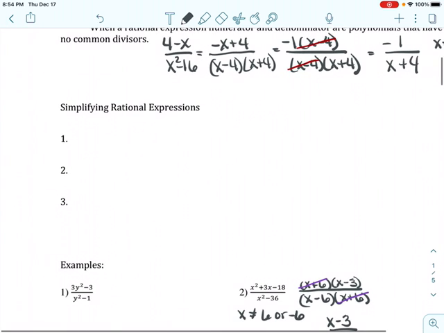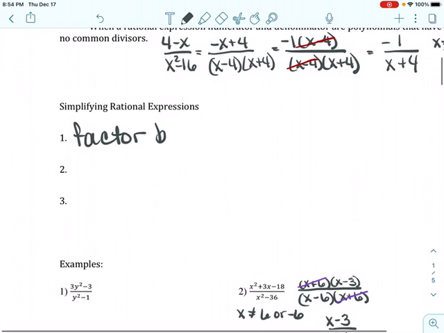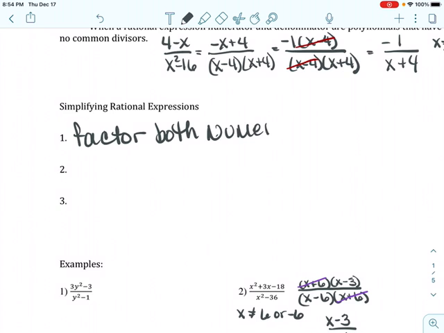All right, so I have some steps for us on simplifying. Key to life here is we're going to want to factor. So we want to factor both the numerator and denominator.